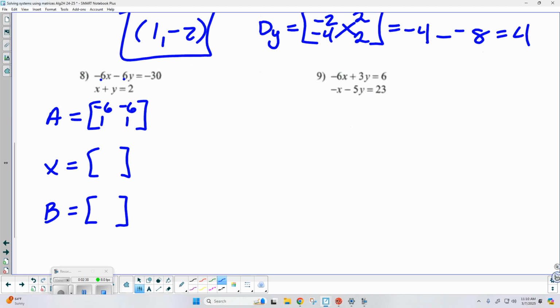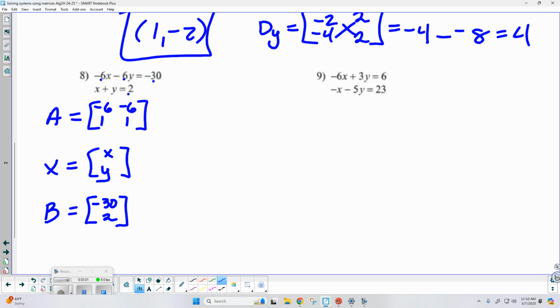Now, matrix X, those are the 2 variables that you're trying to solve for. So that's just X and Y. And matrix B, we call it the constant matrix because it's made of the constants. So I'm going to put a -30 up top, and the 2 down below. This is what the equations equal. Okay, so everybody's okay with that.